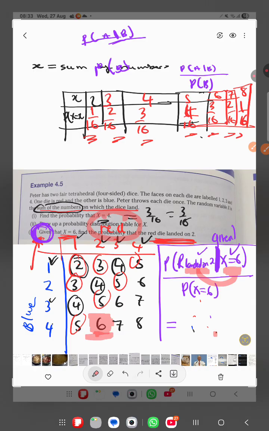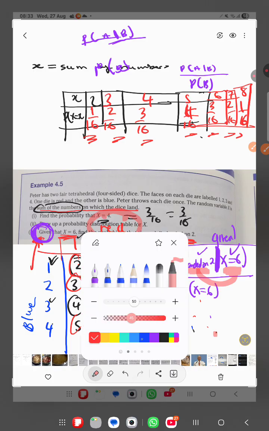There's no other circumstance. For example, does this one qualify? And the answer is no, because it's blue landing on 2, even though the sum is 6, but it's not red landing on 2. So it's very specific to fulfilling both circumstances. So I see there's only one there.